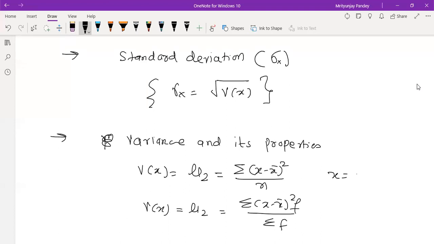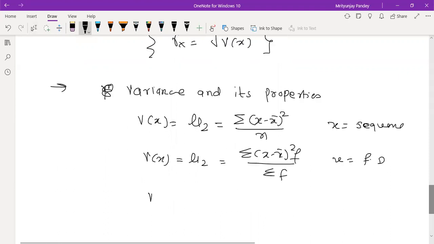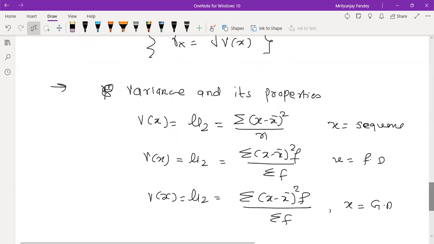The first formula is applicable when x is raw data or sequence. Second is for frequency distribution data. And the third one is for grouped data. Variance, that is mu2, summation of (x minus x bar) the whole square into f divided by summation f. Here x is grouped data.